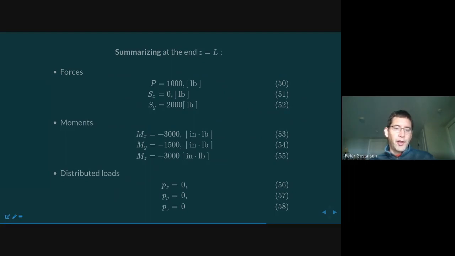I've just realized, and I want to draw your attention to it just to alleviate any confusion. Here I'm using Sx and Sy to represent shear in the X and Y directions. Those are shear resultants. I believe that's the way I defined them at the beginning of our lectures on beam theory.